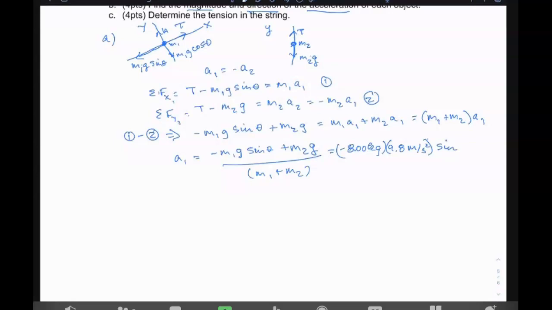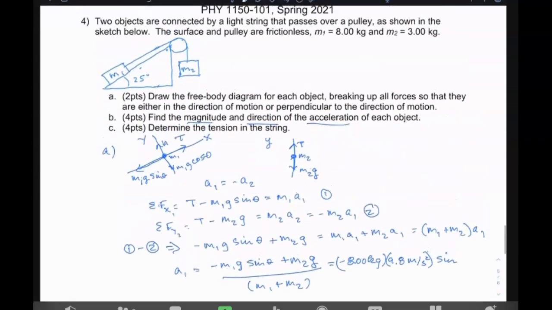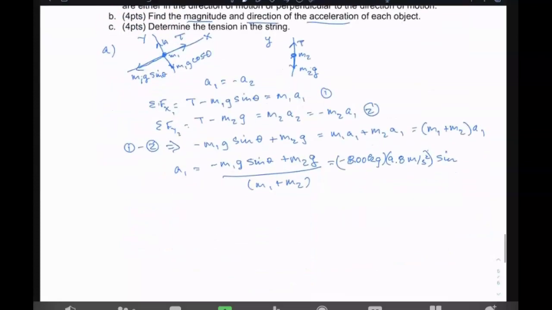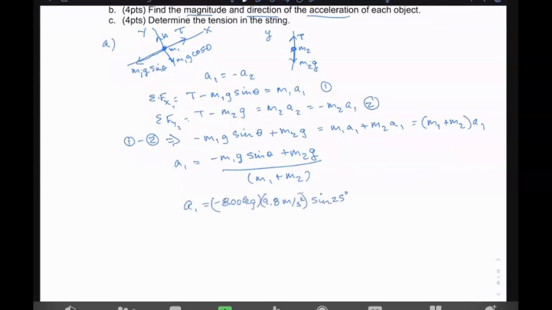Let's see, the angle was 25 degrees. And I've shifted this down a line so I have more room to write it all.